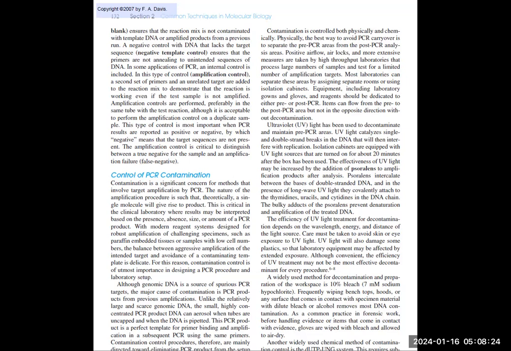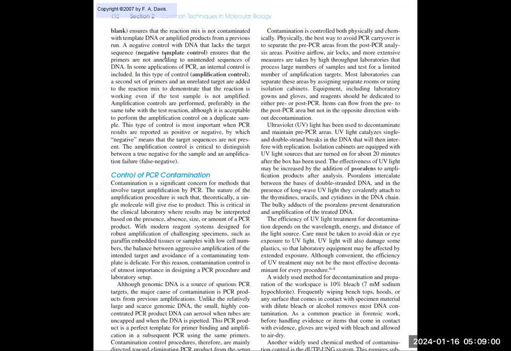It ensures that the reaction mix is not contaminated with DNA template or other amplified products from the previous run, because the most common cause of contamination is amplicons from the previous run. To eliminate that doubt, we use a negative control without DNA, known as the reagent blank or contamination control.